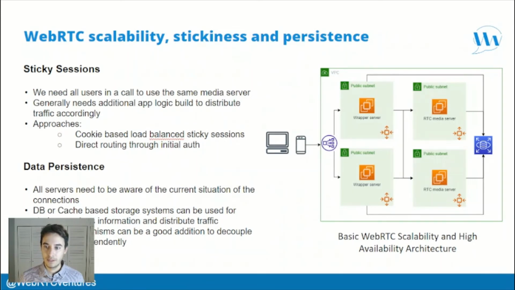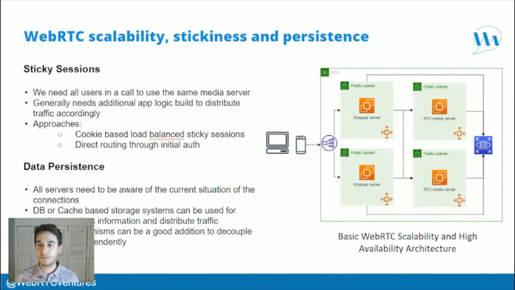And here in this diagram, it's just an example of how a scalable WebRTC architecture could look like in AWS, where you have the wrappers. In this case, we just have 2 replicas of wrappers and media servers, and we would have a single database where we store everything, and that's why the data persistence is important, because this would allow us to distribute traffic between multiple concurrent services and to recover the sessions in case of failure.